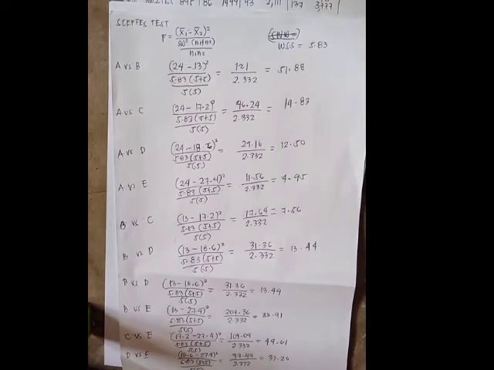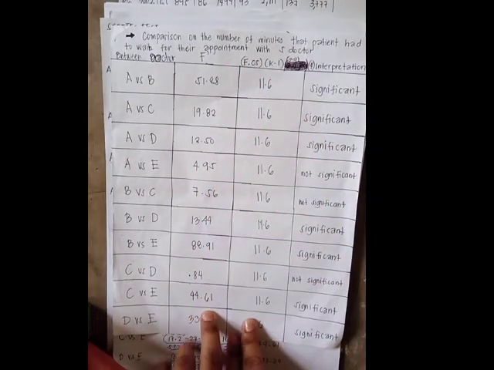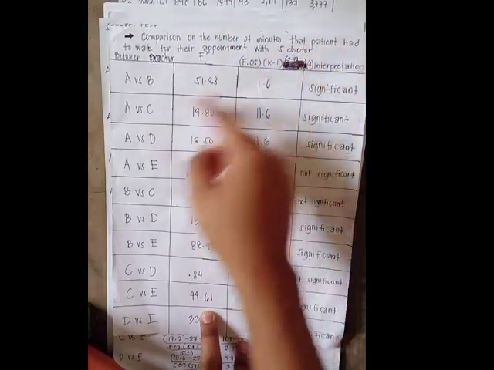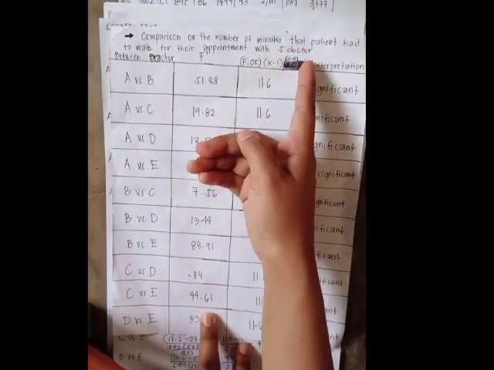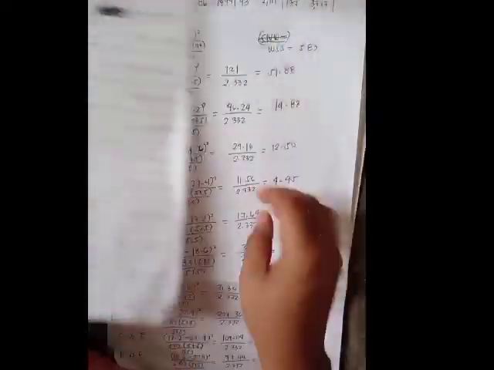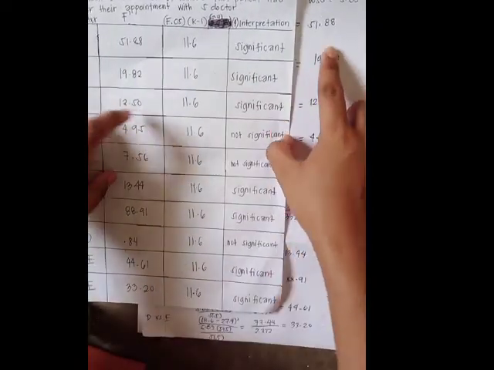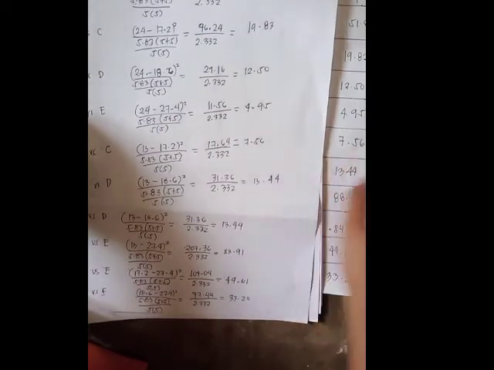So next, here it is. The comparison in number of minutes that the patient had to wait for their appointment with 5 doctors. So we have A versus B. This is our comparison of the number of minutes that the patient had to wait for their appointment with 5 doctors.